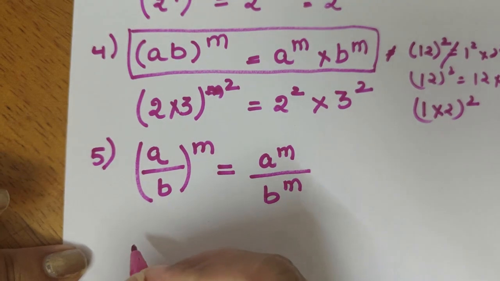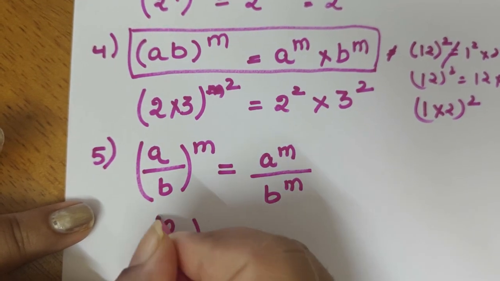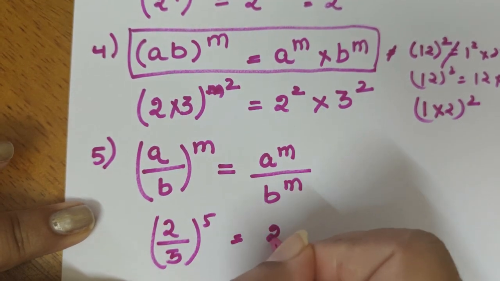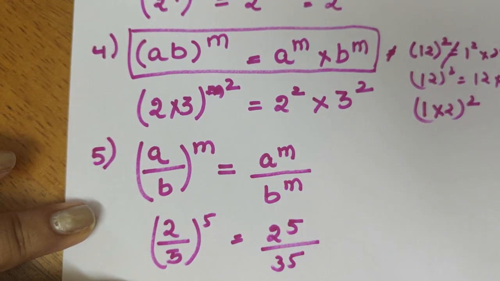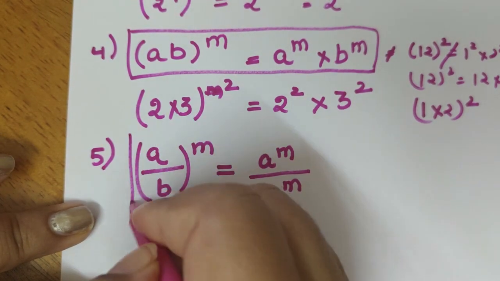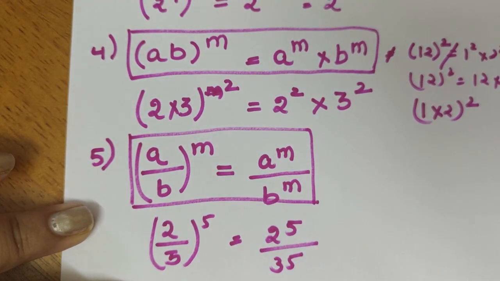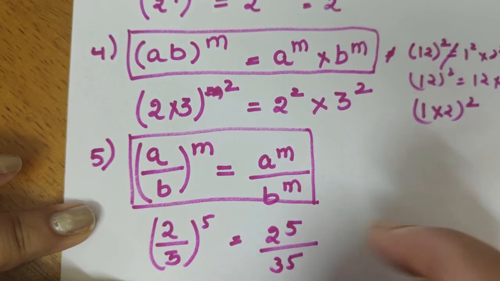For example, if I have 2 by 3 raised to the power 5, this will mean that it is 2 to the power 5 upon 3 to the power 5. So the fifth one is this. There is one more, I'll let you know.